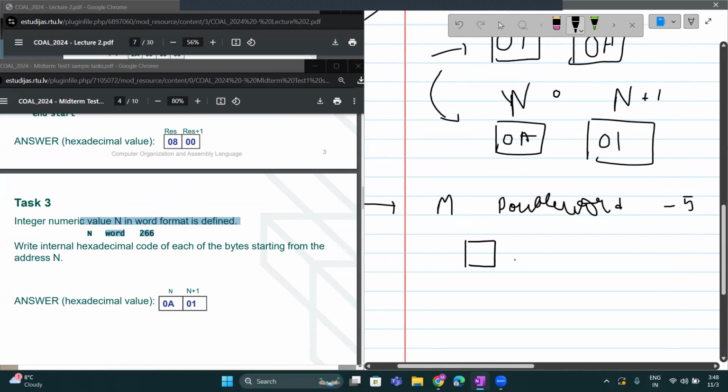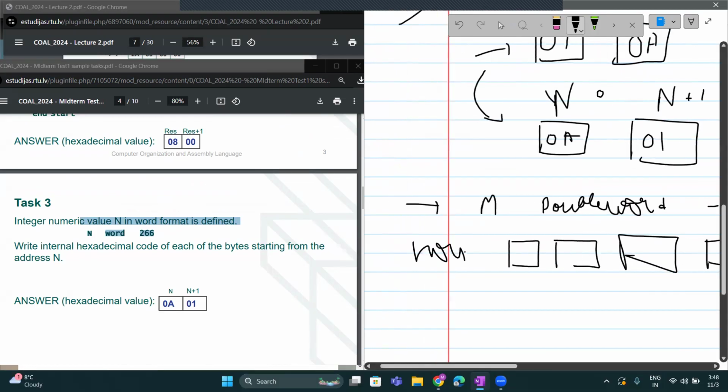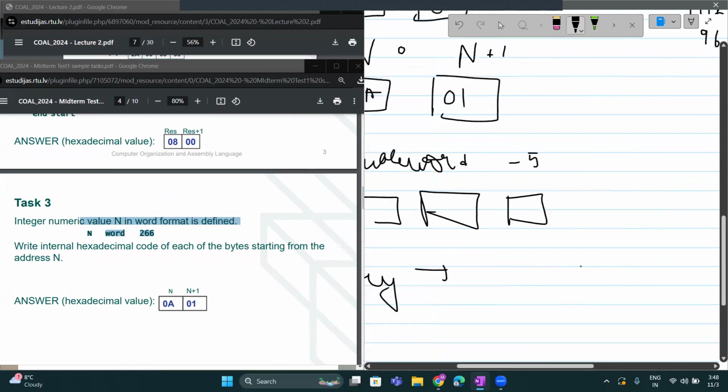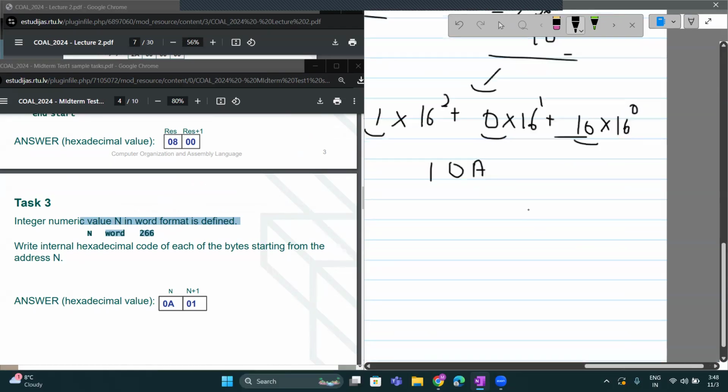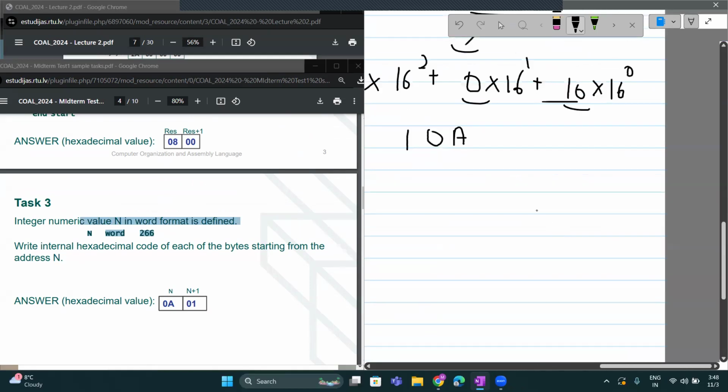And double word, so there are 4 bytes. So normal will be like this, and the memory will be swapped. So -5 into hexadecimal. Let's try to convert it.